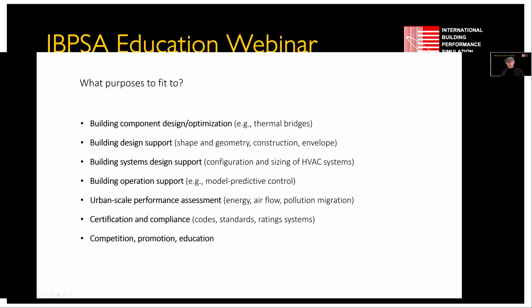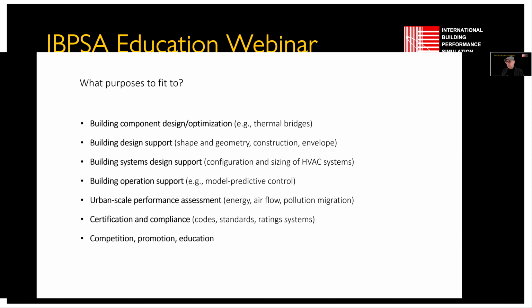You can also apply simulation to model the technical systems of buildings, HVAC for heating, cooling, and so forth. More and more, we have also explored the potential of simulation applications in the runtime of building operation, towards supporting the building operation.